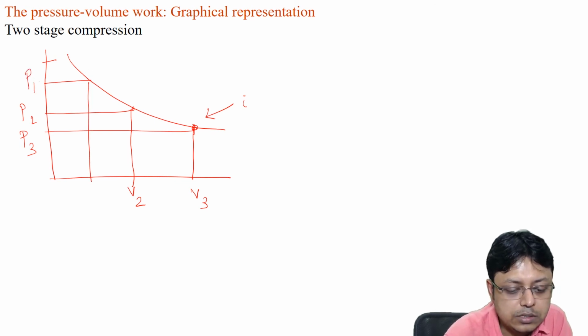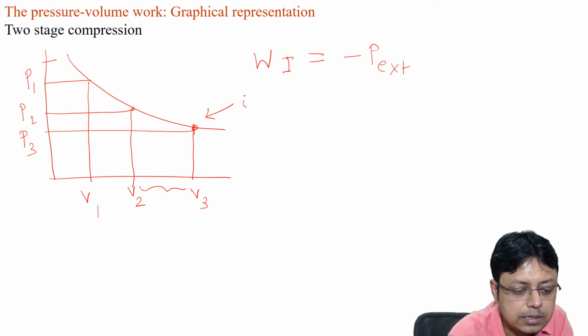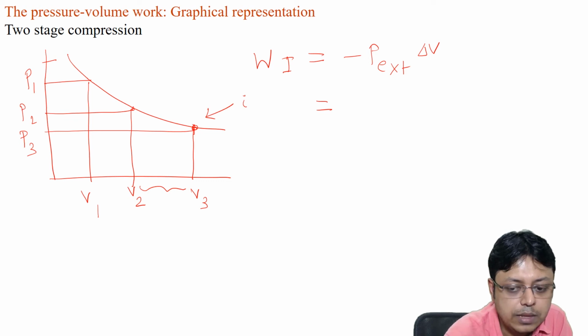So during this compression, the work done in stage 1, which we denote as W1, will be nothing but P external into delta V. And what is P external here? P external has to be P2 here, because remember that the gas is now compressed until the pressure equals the external pressure equals the pressure of the system.